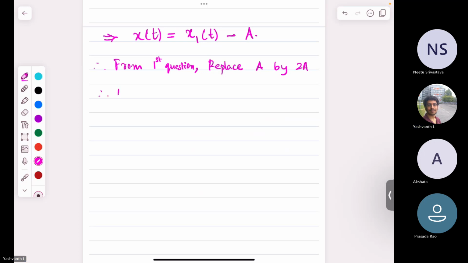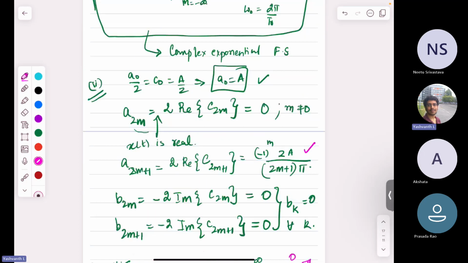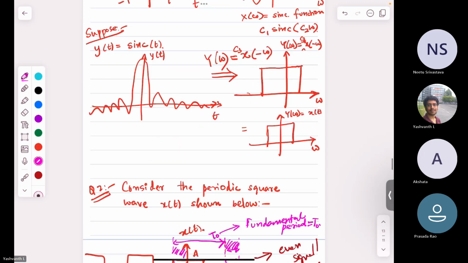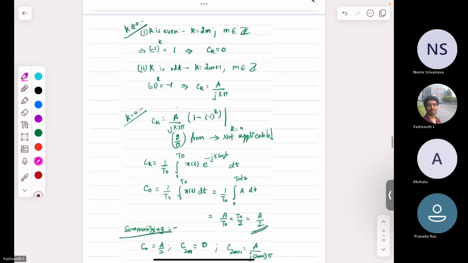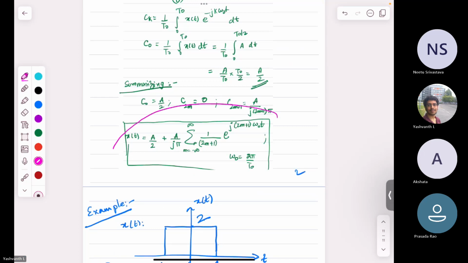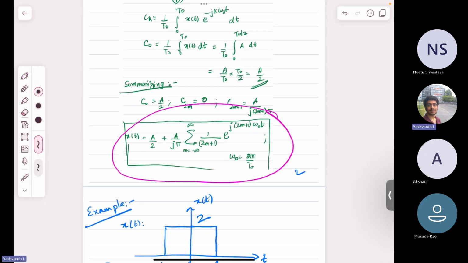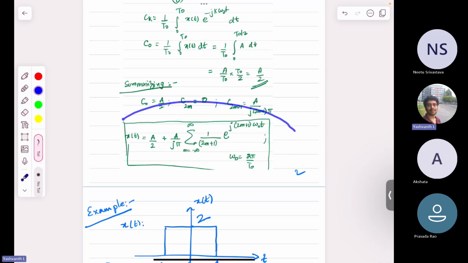Therefore, the Fourier series expansion of x1 of t is what? Let's go back to the expression. This was the expression. The Fourier series expansion of x1 of t is this expansion, except that now this a should become 2a, and this a should become 2a. Otherwise, the Fourier series is exactly this.